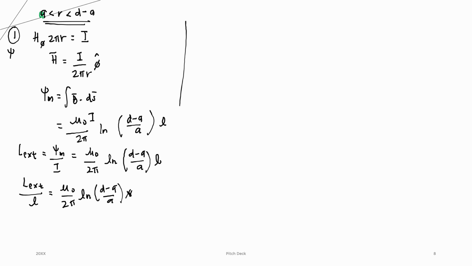So this is by using the first method. Let's use the alternative, second method, by using the energy density. It's going to be half, there's no half here, the integration of B dot H dV equals to half L i squared.